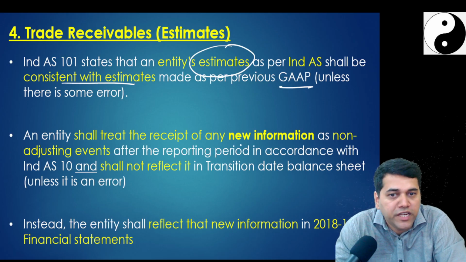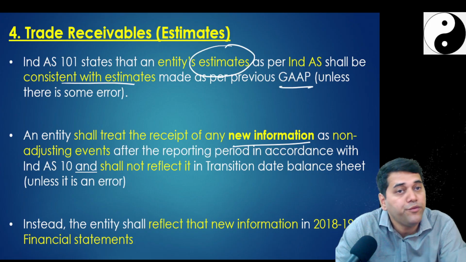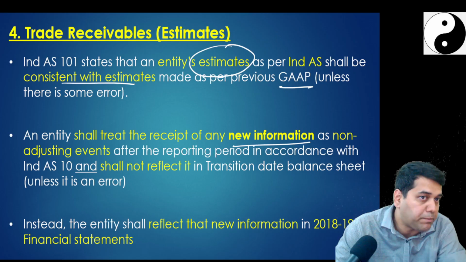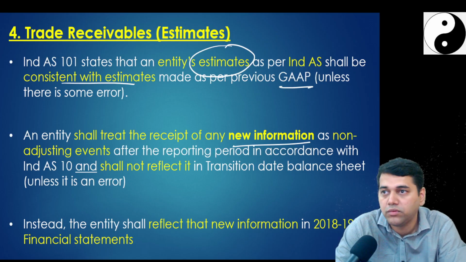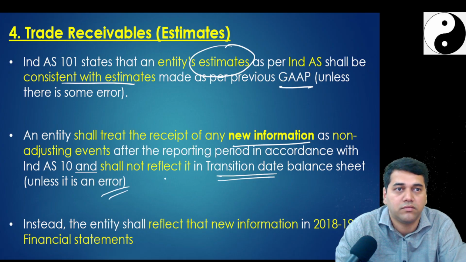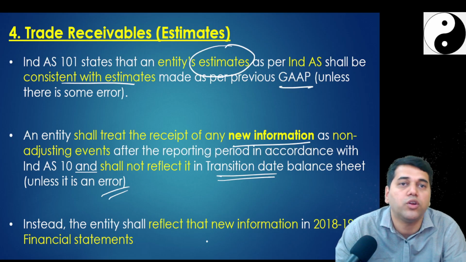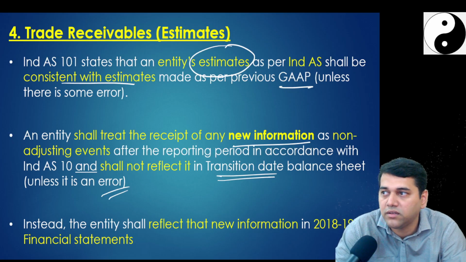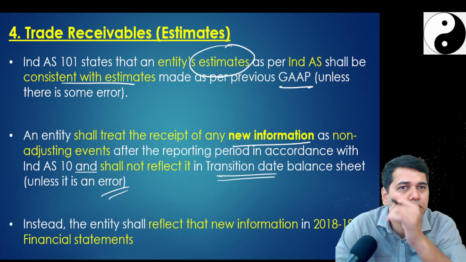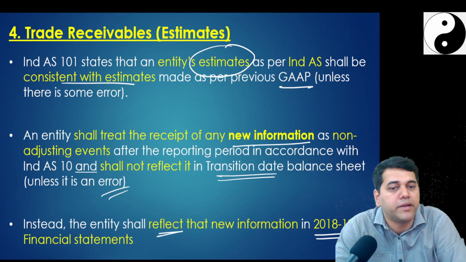If you receive any new information, like you understand today the fair value is this, first check how you missed it, or whether it happened because of something new. It shall not be reflected in the transition date unless it is an error. In the given case they said it is 25. Will you assume it is an error? No, you came to know now due to some exercise. So it will be applied prospectively in 18-19.